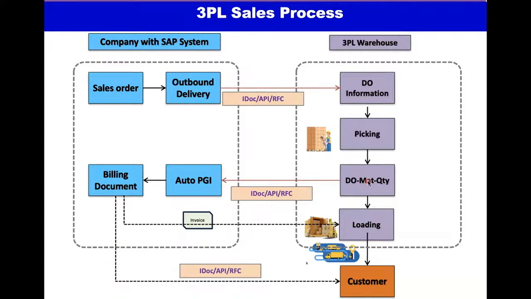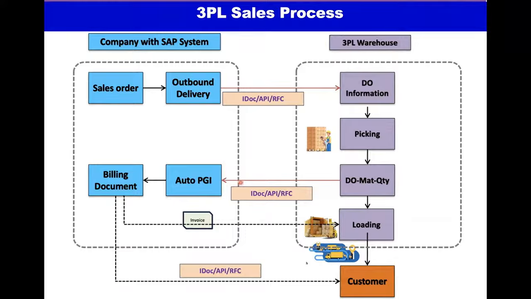Here we can have a few challenges. The delivery was created for 100 quantity and they have to do the PGI for 100 only. If, based on the physical stock, they want to send 90, then they need to send that delivery information and quantity. These are technical challenges we need to handle: either we accept partial quantity or not.